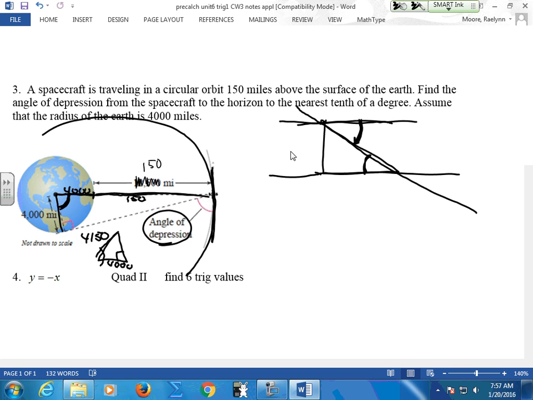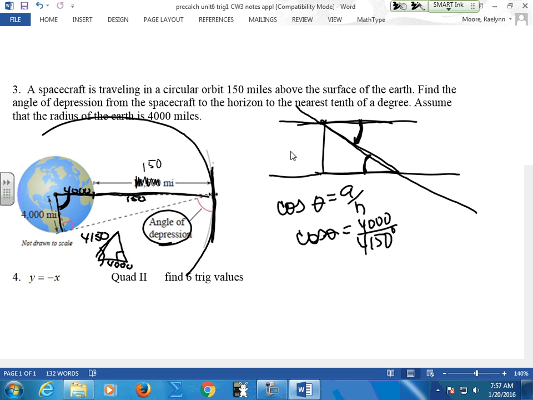Okay, your angle of depression, your triangle looks a little strange here. They kind of worked out the other side of your right angle, but it is the same as if we took it over here. So we're just going to consider our angle of depression as our angle of elevation. If you're not too fond of the diagram, I get it. I wasn't fond of the diagram, but I was fond of the concept. Plus we had to find an angle. So how do I find my angle?